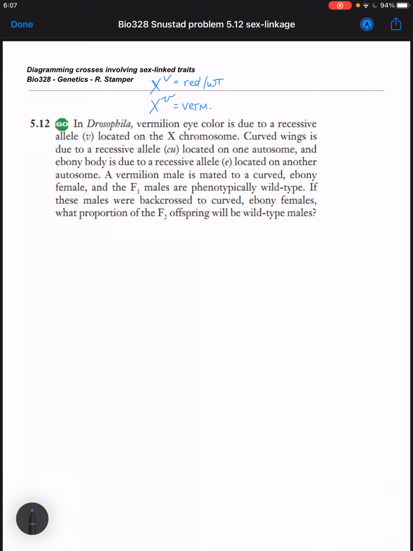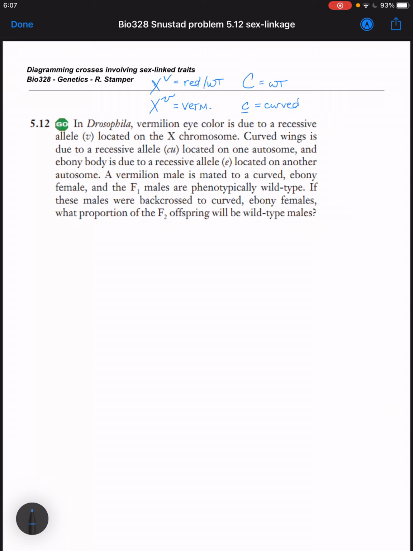Separate to that, I've got curved wings. They tell me it's due to a recessive allele. I'm just going to use the letter C. Recessive allele located on an autosome. So here I've got recessive allele c is curved wing, and dominant C is wild type wing. And then a third trait that we're looking at the same time is body color.